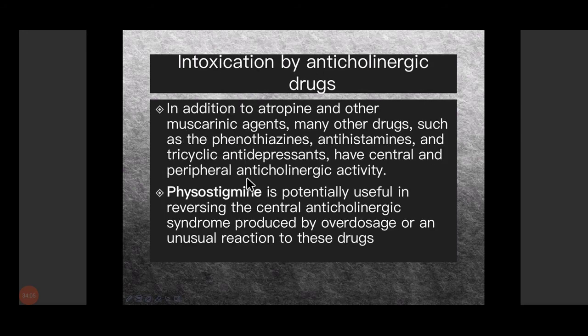Now, intoxication by anticholinergic drugs. In addition to atropine and other muscarinic agents, many other drugs such as phenothiazines, antihistamines, tricyclic antidepressants have central and peripheral anticholinergic activity. Physostigmine is potentially useful in reversing the central anticholinergic syndrome produced by overdose or unusual reaction to these drugs.